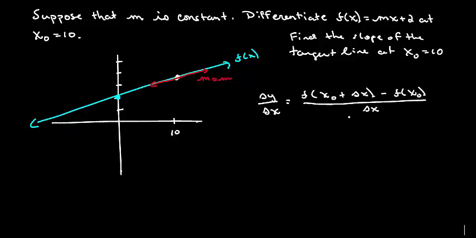And then what we're asked is to let delta x become really small. We're going to let delta x go to 0, but we're not going to let it actually be 0. So delta x is not 0, it's just really close.